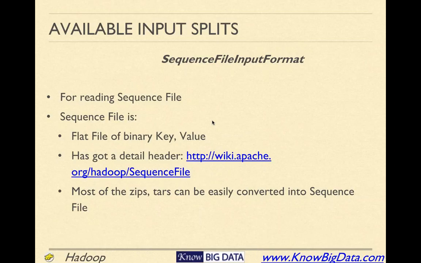A sequence file contains a header, and then there is a body. Sequence file format is very great for using with Hadoop, and that is why there are many converters. You convert other kinds of files into a sequence file, like zip file format, tar, everything we convert into sequence file format.